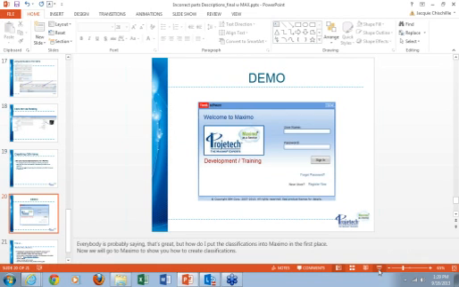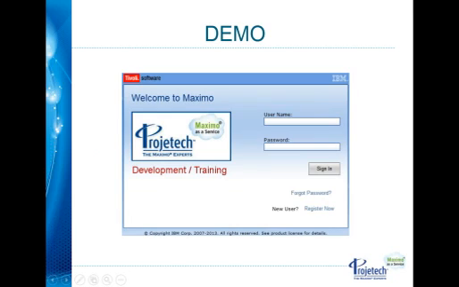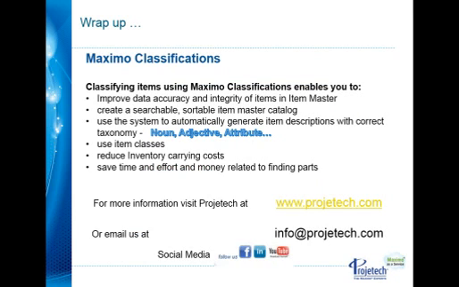So now we're going to go back and just kind of wrap up. So for the wrap-up, Maximo classifications is a way of classifying items using the classification. Okay, it improves your data accuracy and integrity of items in your item master.